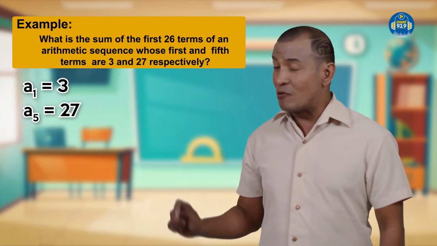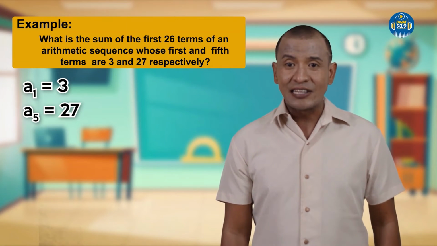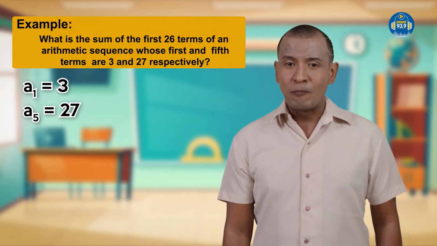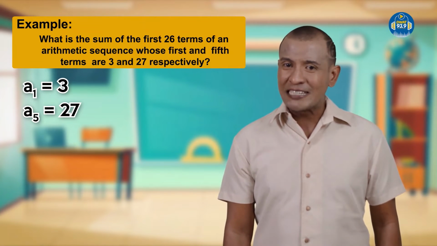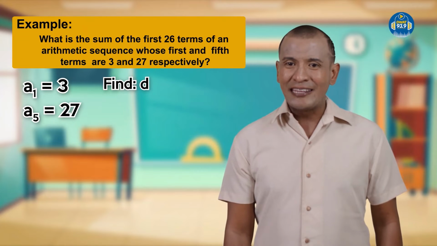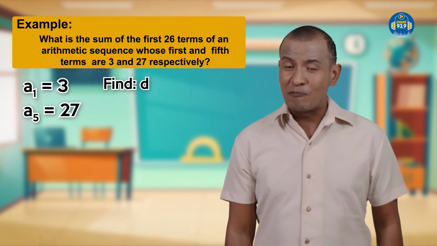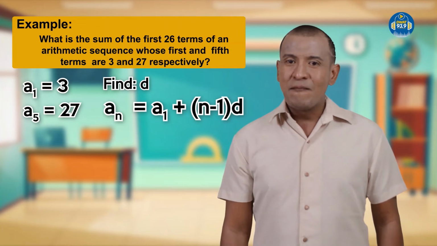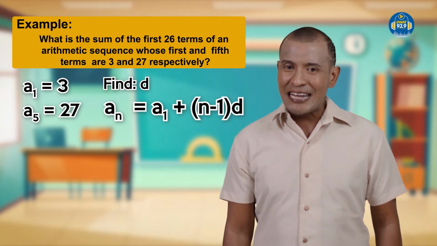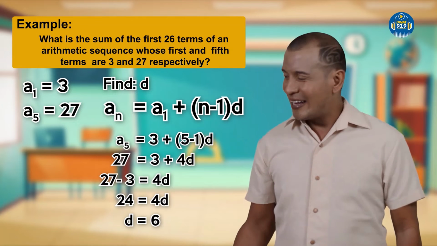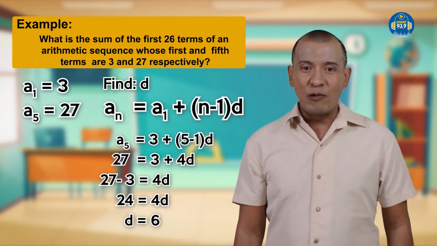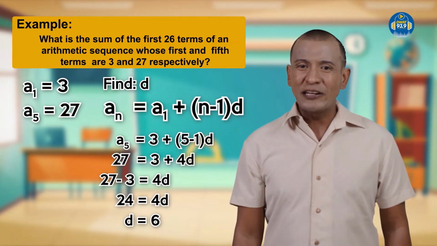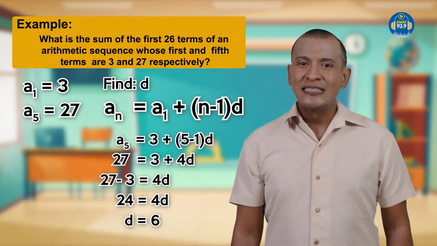Since the first term, a sub 1, is 3, and the fifth term, a sub 5, is 27, we can find the common difference using the formula a sub n equals a sub 1 plus n minus 1 times d. We have a sub 5 equals 3 plus 5 minus 1 times d.